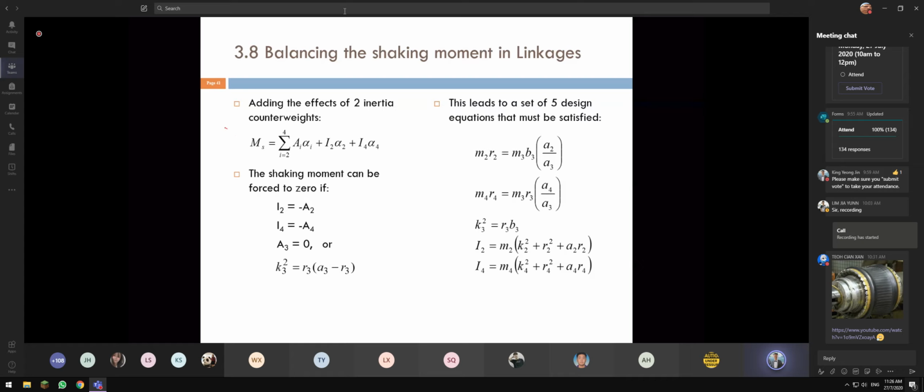Based on the formula just now, we can calculate the shaking moment. We have this I from 2 to 4, which is link 2 to link 4.